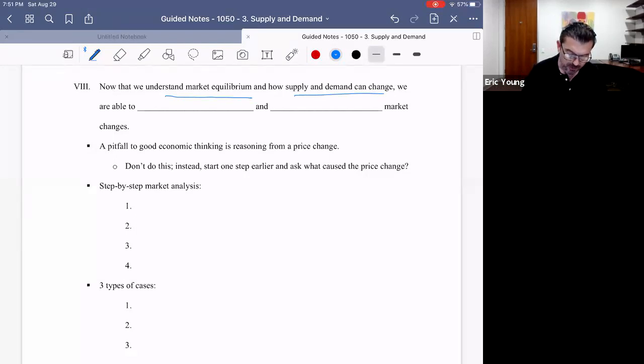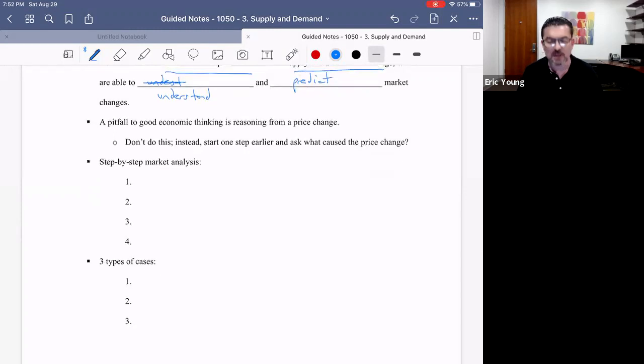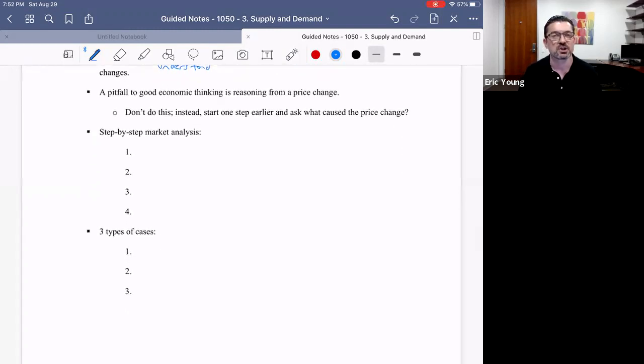Because at this point, you'll be able to understand and predict market changes. We see market changes all the time. We see prices go up, we see prices go down. Now, after this lecture, you're going to be able to understand those changes and predict those changes.